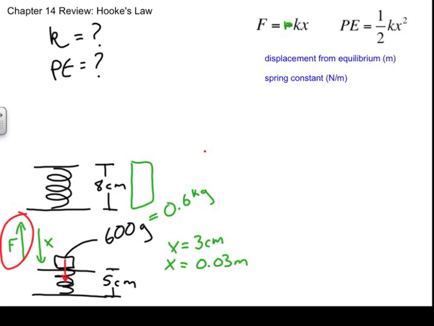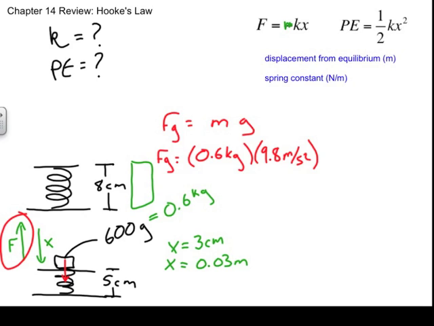So I have 0.6 kilograms multiplied by 9.8 meters per second squared. I'm doing the weight, Fg is equal to mg, by the way. So the Fg, the weight of that thing, is 5.88 newtons. And I already had that my x was 0.03 meters.